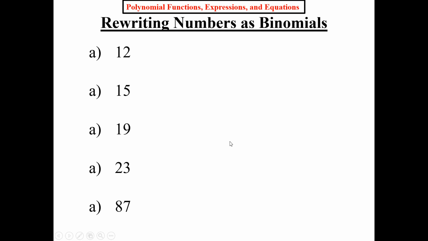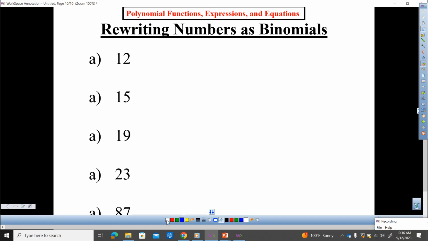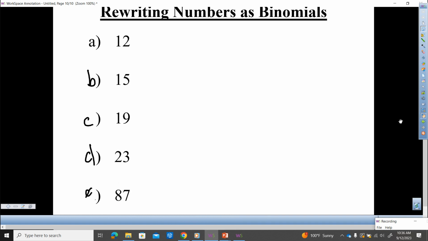Let me change it. This is B, C, D, and E. Just copy them, and I'm going to go over the first ones, and you should be able to do the other ones by yourself.